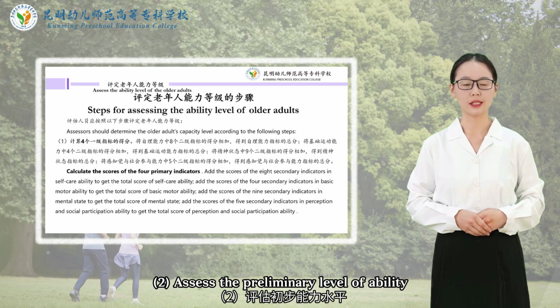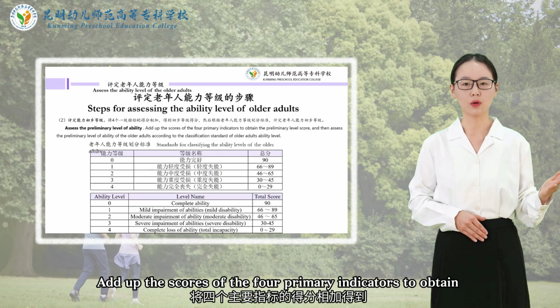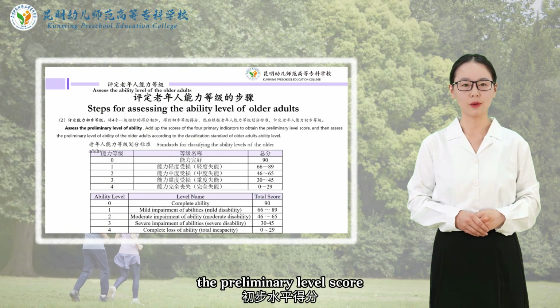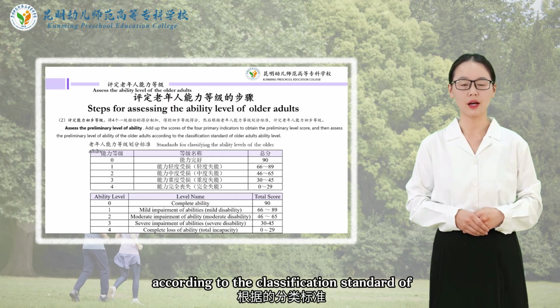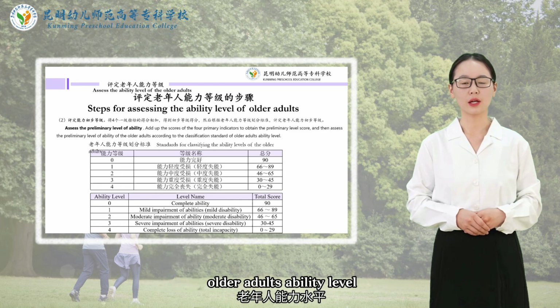2. Assess the preliminary level of ability. Add up the scores of the 4 primary indicators to obtain the preliminary level score, and then assess the preliminary level of ability of the older adults according to the classification standard of older adults' ability level.